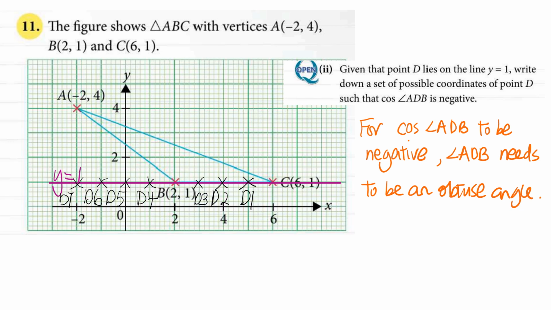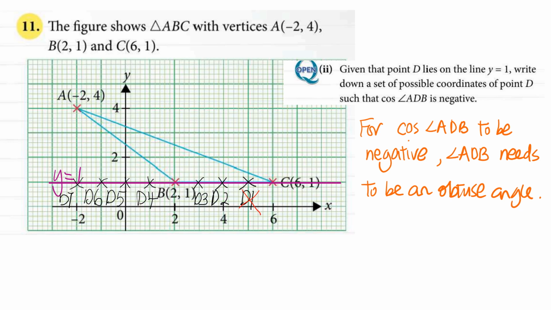Let's look at the position D1. If you draw a line joining A to D1, you'll see that this angle AD1B is surely an acute angle. It is not obtuse, so we need to eliminate this point. Point D1 is not the point that will give us an obtuse angle.